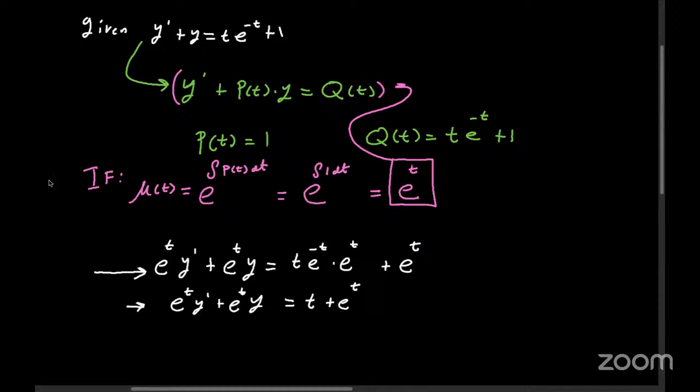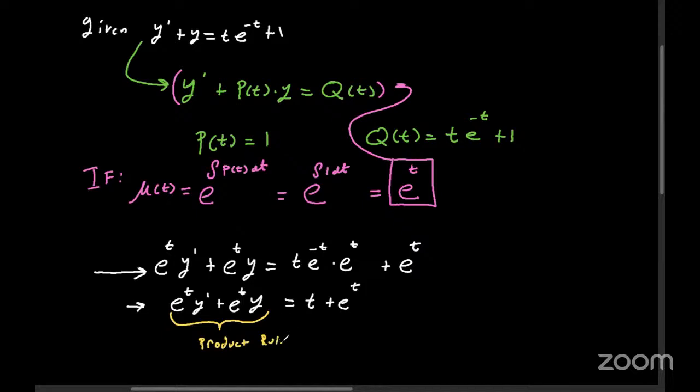All right, now what do we have? On the left-hand side, I recognize something. I recognize that this is a function times a derivative plus a derivative times the original function. This is the product rule.